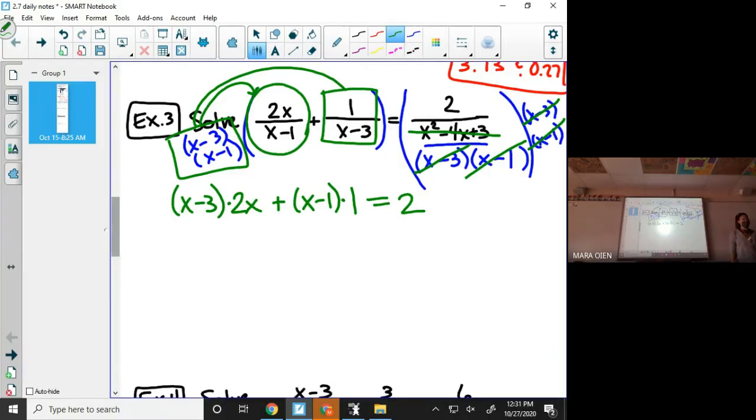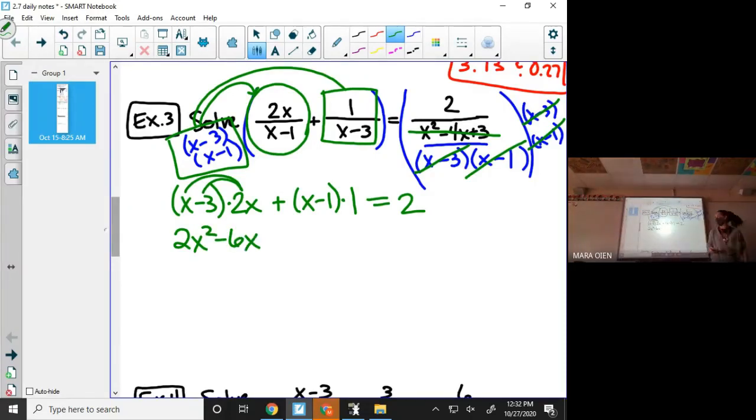So by doing that step, which is kind of a wicked step, and there's lots of places where you could make a little tiny mistake, I've gotten rid of all my fractions. And now it should be a problem that we can solve. So it's kind of backwards distribute, but I'm going to distribute out that 2x. That would give me 2x squared minus 6x.